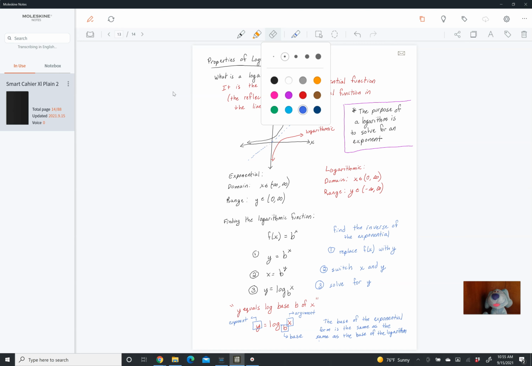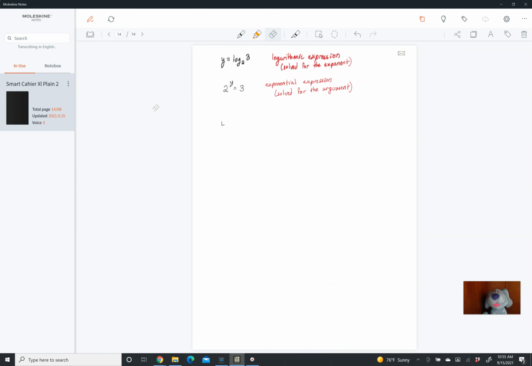We're just going to create a table where we have the exponential expression, and then we're going to have the equivalent logarithmic expression.